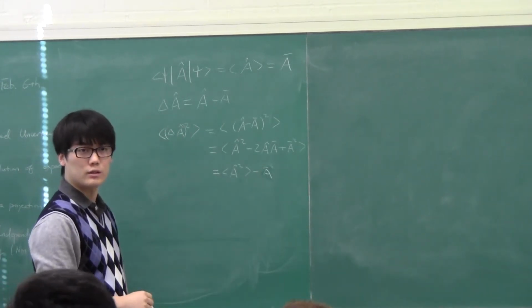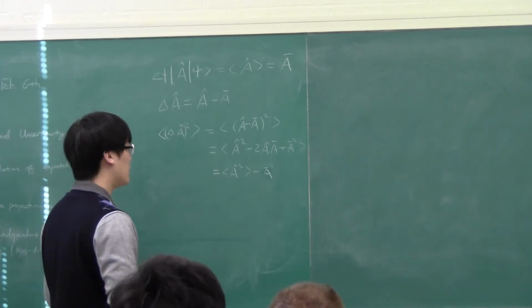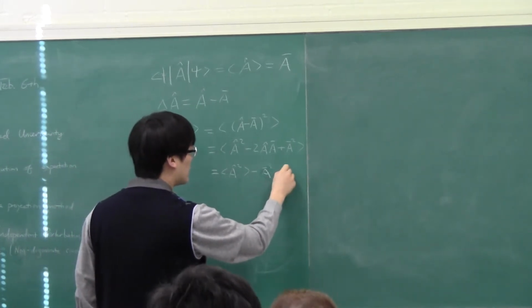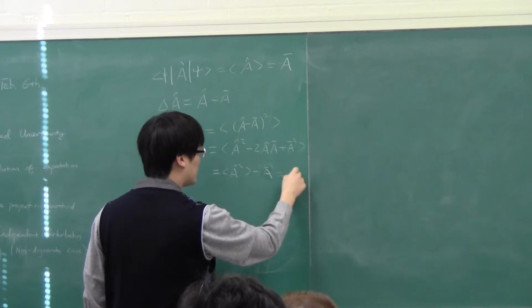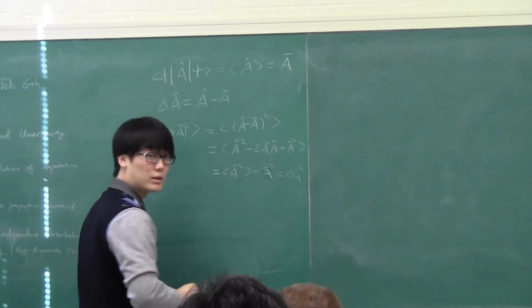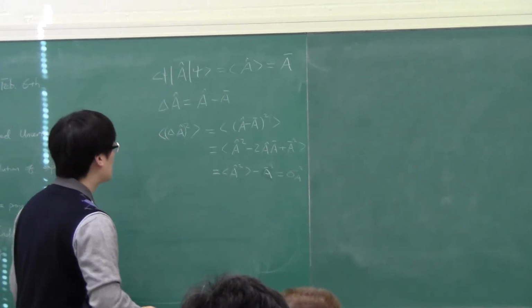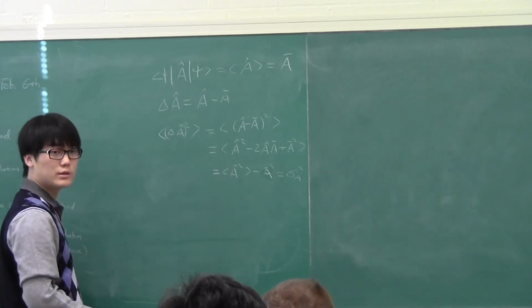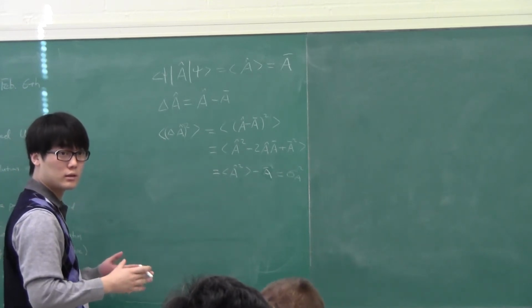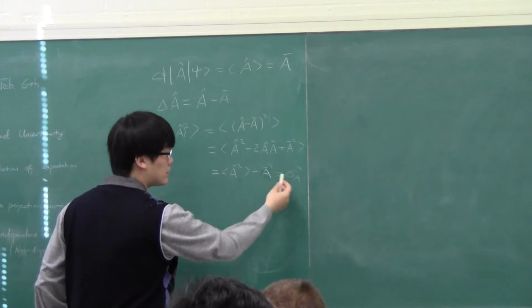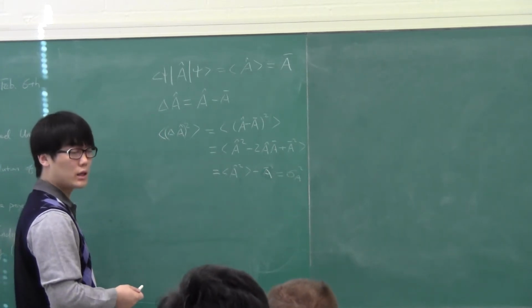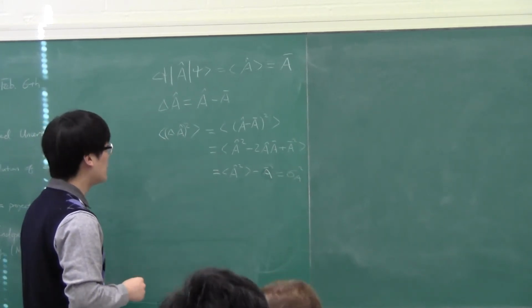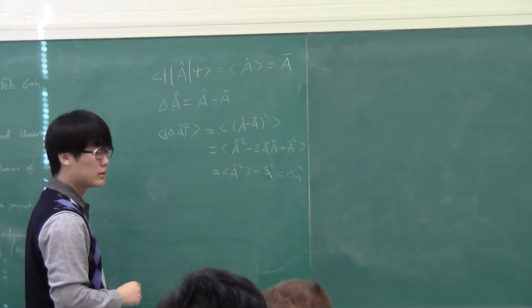You have no doubt seen this in probability theory. And typically we define a standard deviation of A as the square root of the variance. So this operator encodes information about the uncertainty. Loosely speaking, the standard deviation is the uncertainty that we have in that operator.